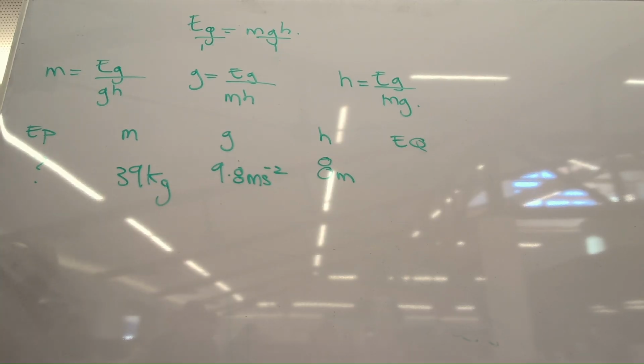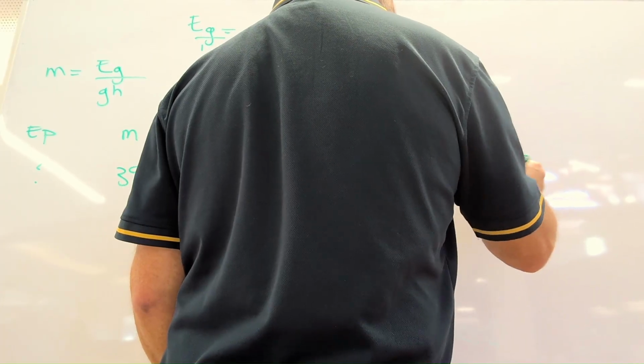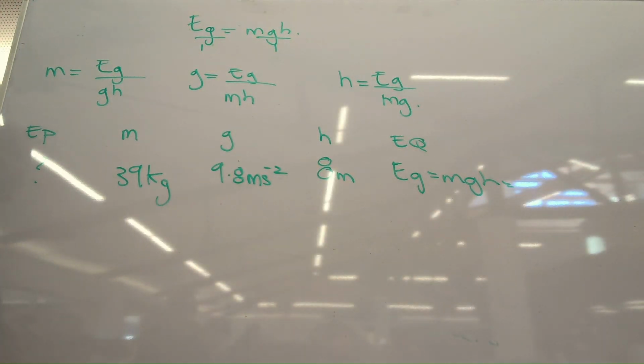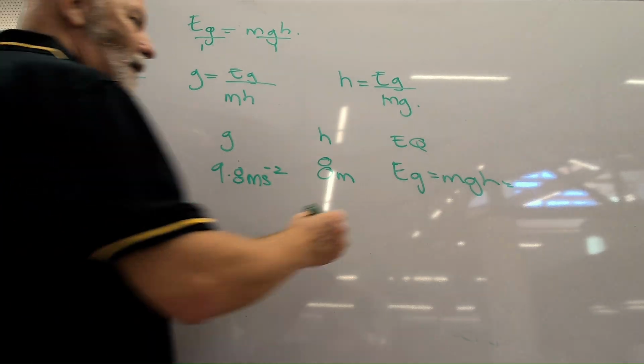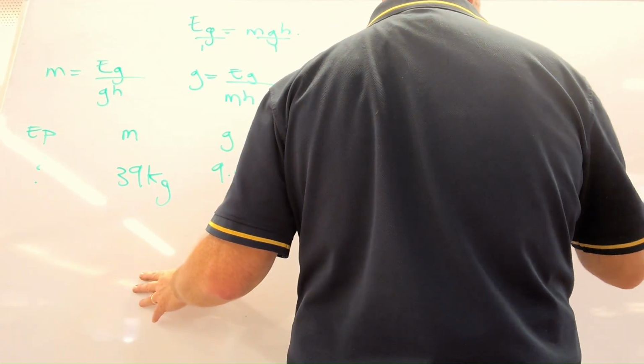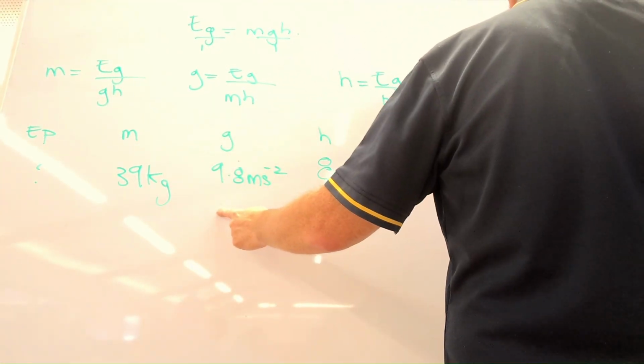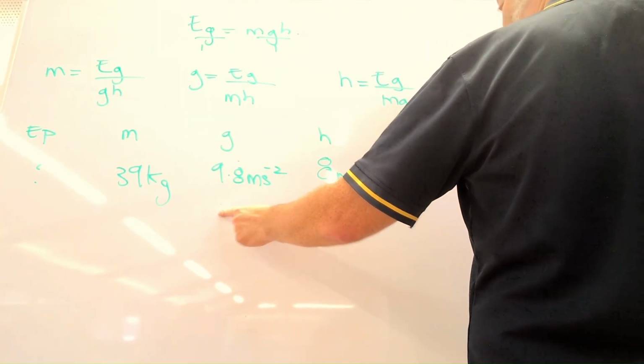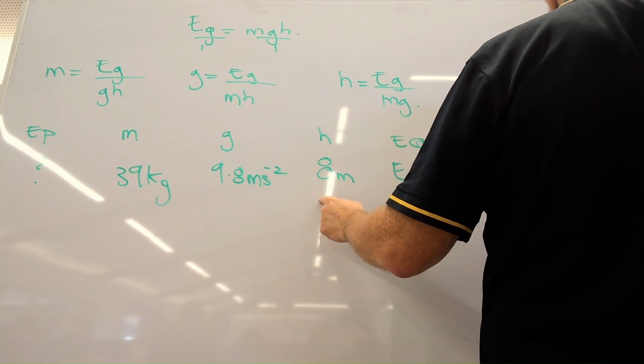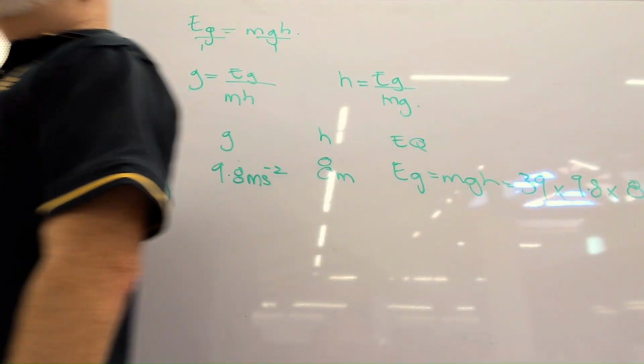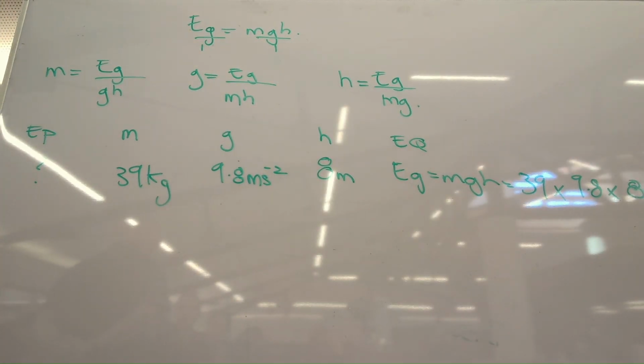Okay? So the equation, what equation are we going to use? MGH. EP, or EG, equals MGH. So it becomes 39 times 9.8 times 8. We've got 1 decimal place, so it's got to be rounded to 1 decimal place.